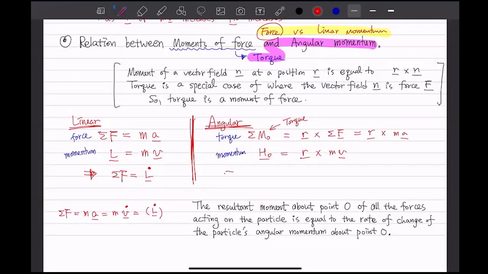So what's going to be the relationship between the torque and momentum, or the moments of force and the angular momentum? That's going to be similar to what we got here. It's going to be summation of all the forces. Torque that is applied is going to be your angular momentum dot. Because it's the same thing. It's V and it goes to A, what we just did here, right?